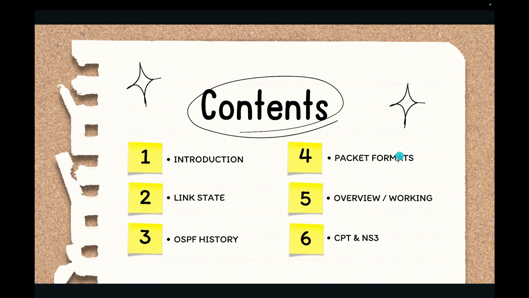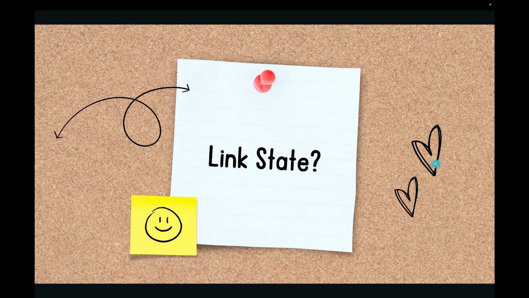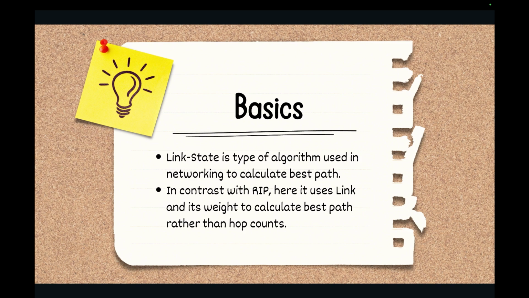So before we start the overview and how OSPF works, let's revise the content so we can have a clear idea of what we have seen till now. We have seen the introduction, then the meaning of link state. Basically link state is the protocol or the algorithm which is used to calculate the best path.